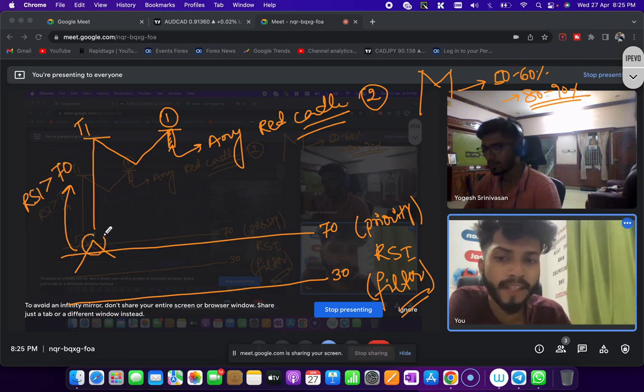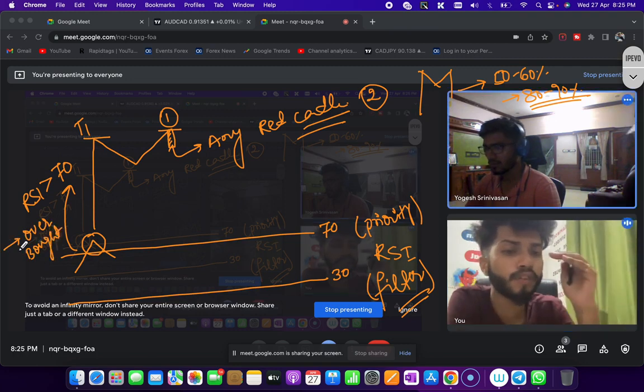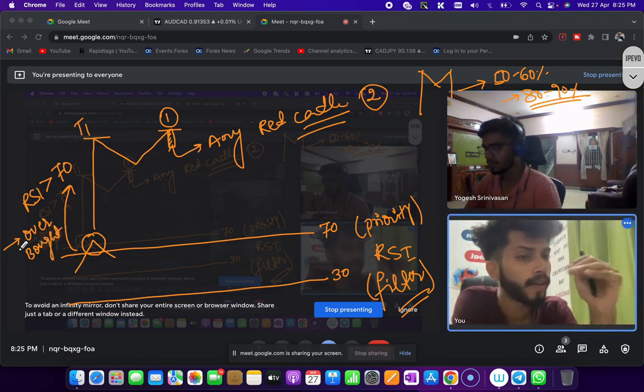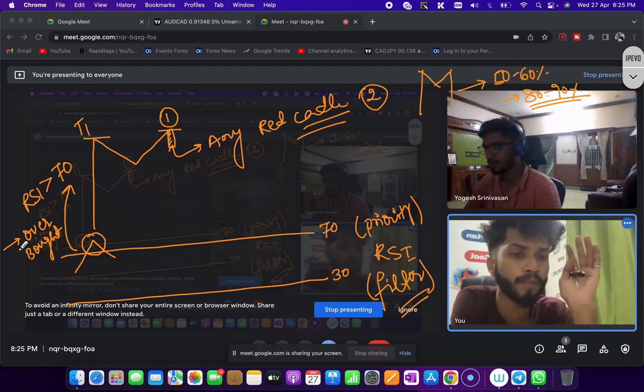Greater than 70 signifies the overbought zone, which means that price is overpriced.